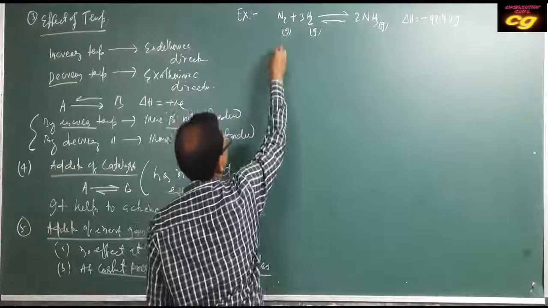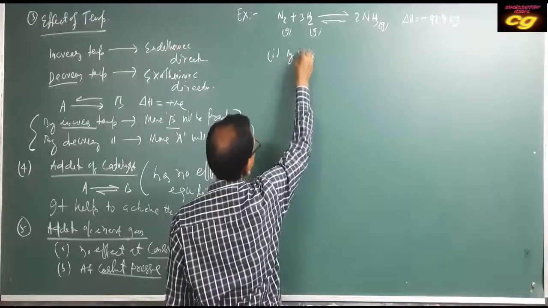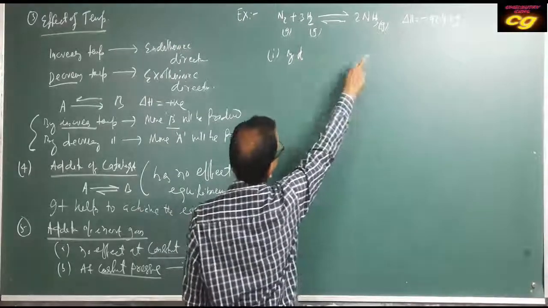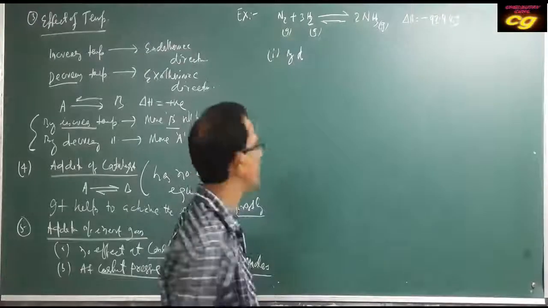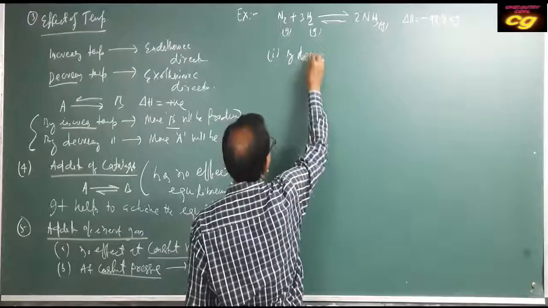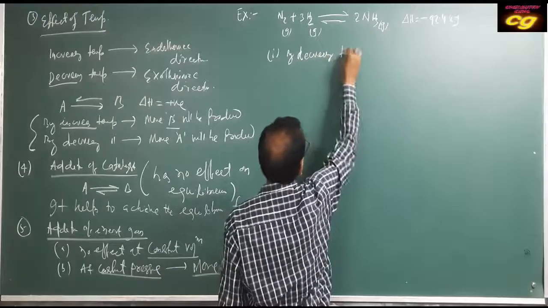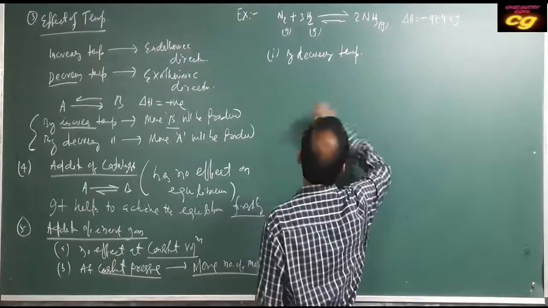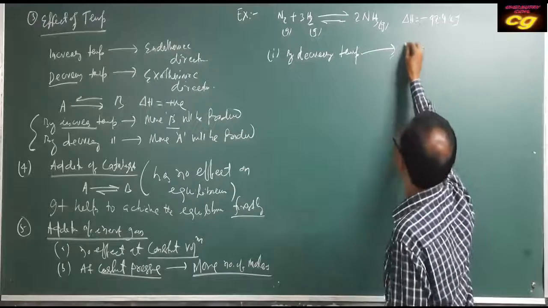So the first factor is temperature. As the forward direction is exothermic, by decreasing temperature, equilibrium will be shifted towards the forward direction.